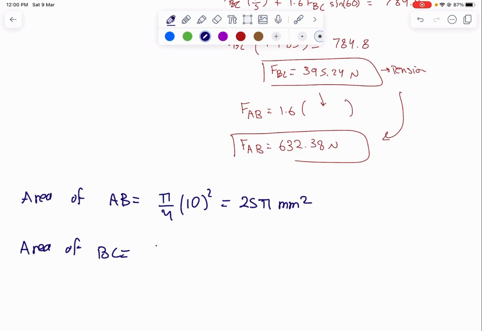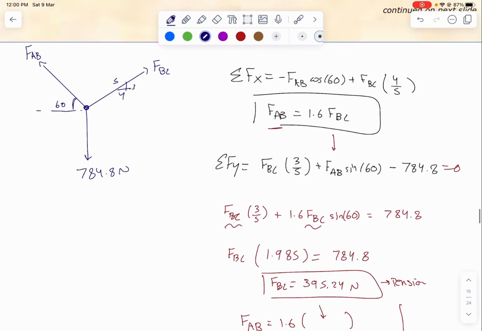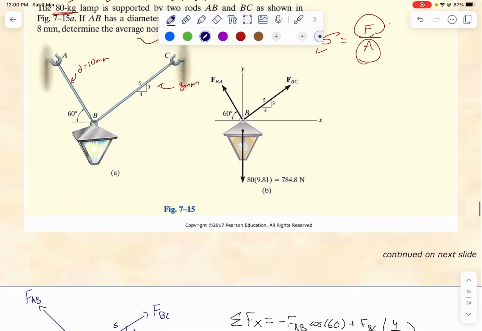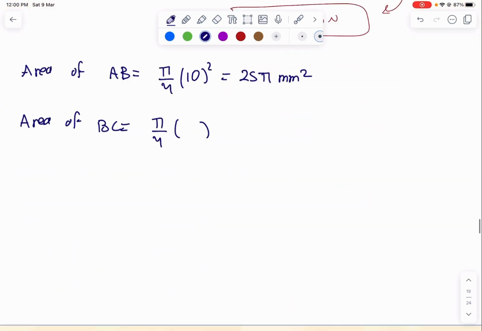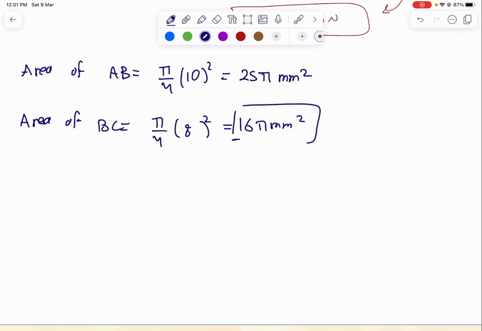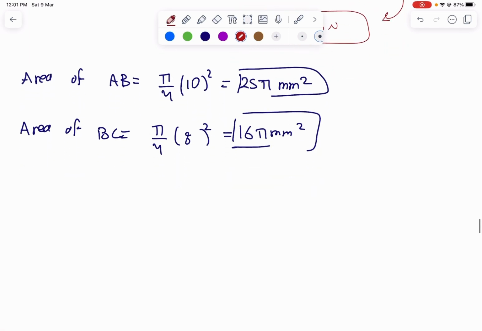Well, area of BC will be pi/4 and the diameter is 8. So now the only thing left is to find the normal in each one.